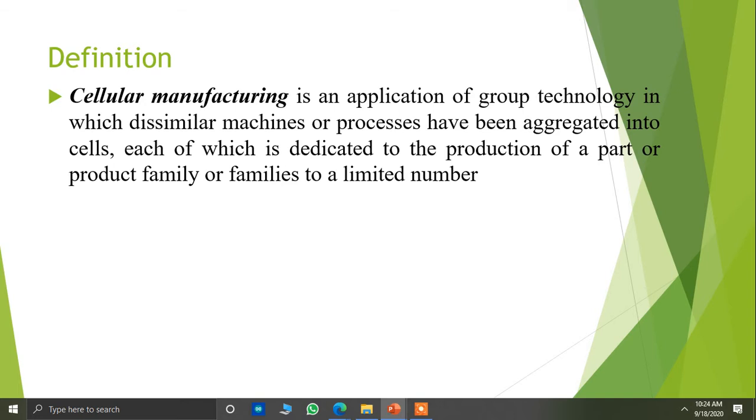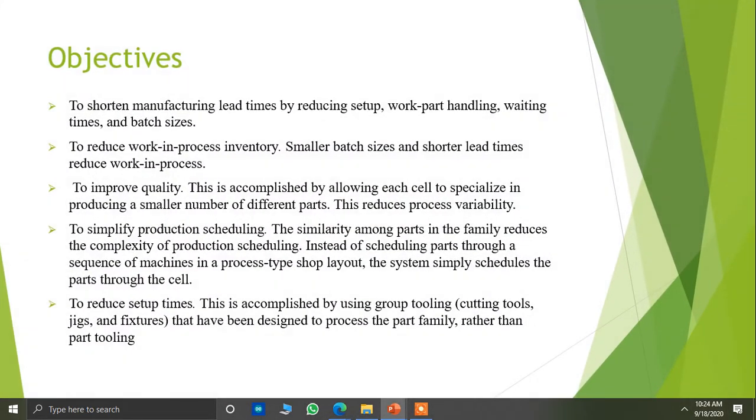Into a cell or cells, depending upon the size of production, which can dedicatedly produce one particular part or a group of parts or a part family together. Okay, so this is a very generic definition, but how does cellular manufacturing look and what objectives does it have? Let us have a look.